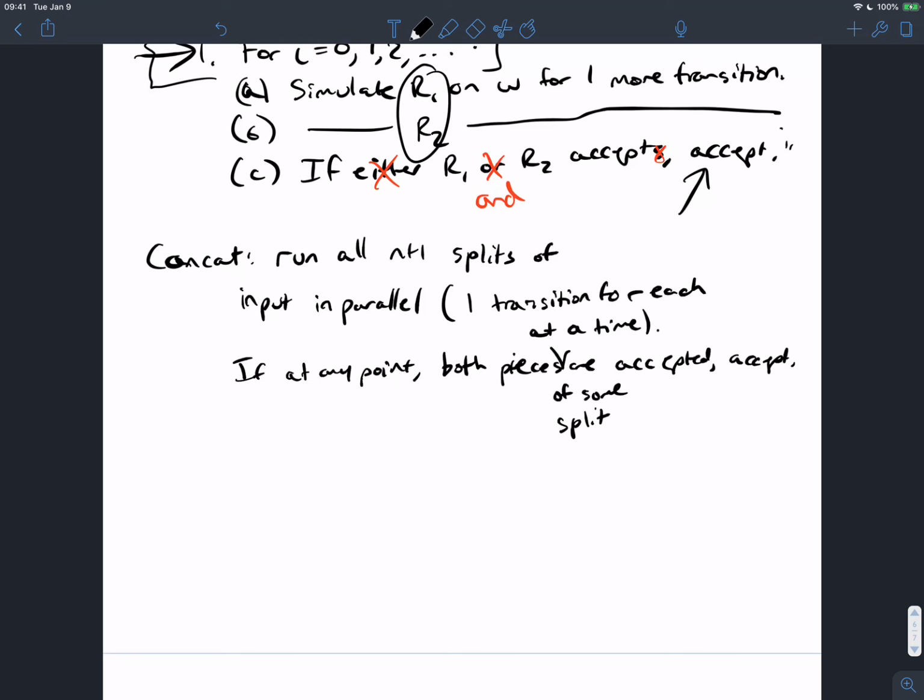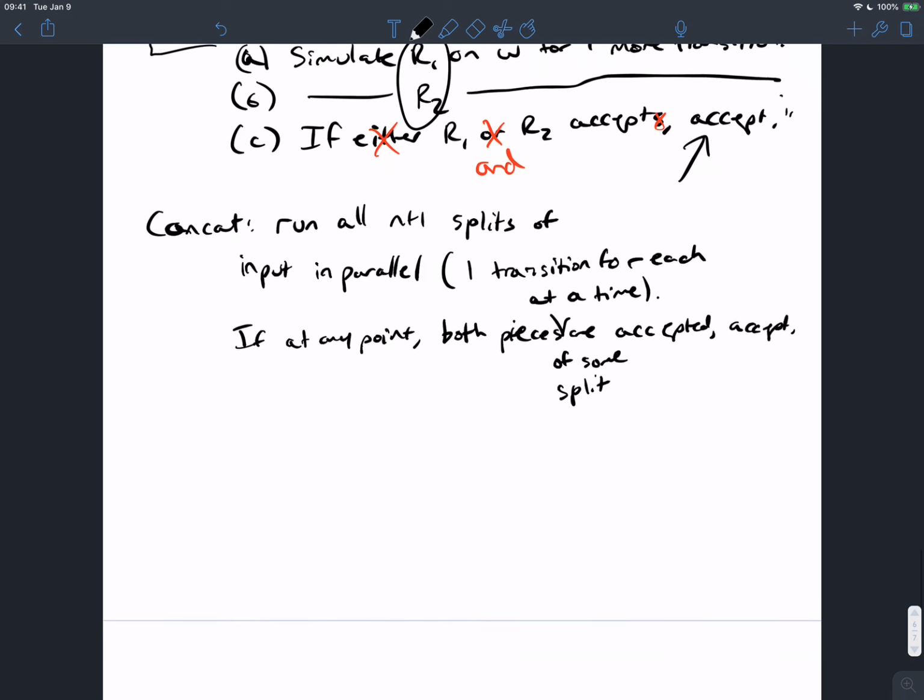So it's just the exact same idea as for the concatenation for decidable, but we need to be careful that we run them in parallel instead of running the entire machine at once, because recognizers might run forever. What about for star? Same idea?